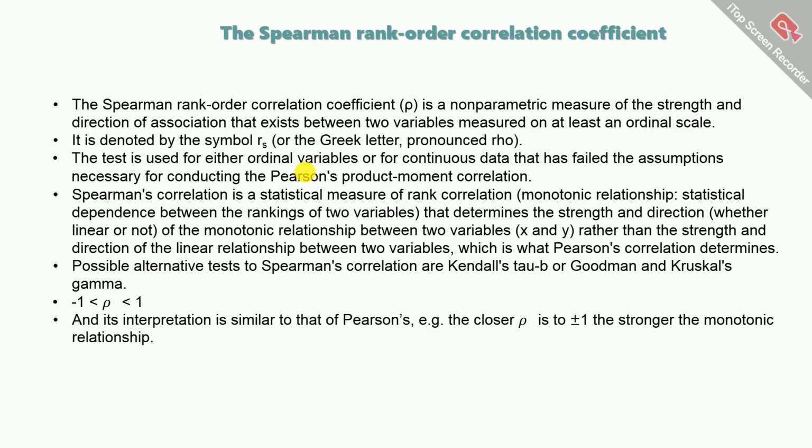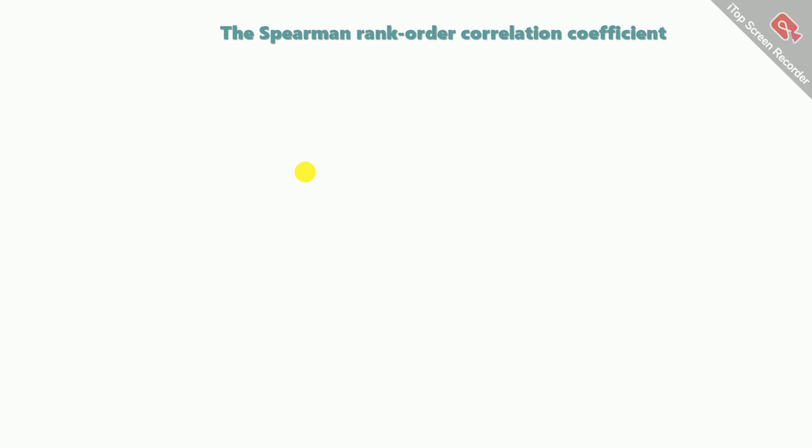That is, the closer rho is to ±1, the stronger the monotonic relationship. If it is close to +1, then it shows a positive correlation and a stronger positive monotonic relationship. But if it is close to -1, then there is a stronger negative monotonic relationship between the two variables.